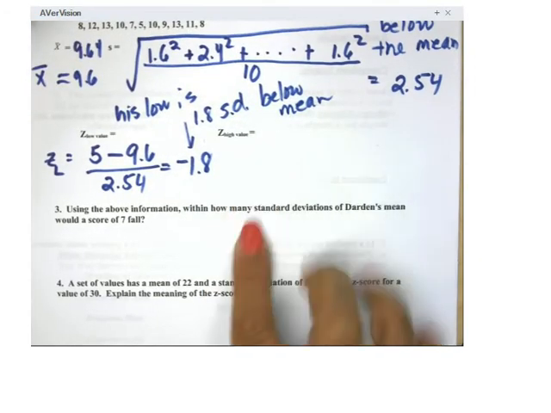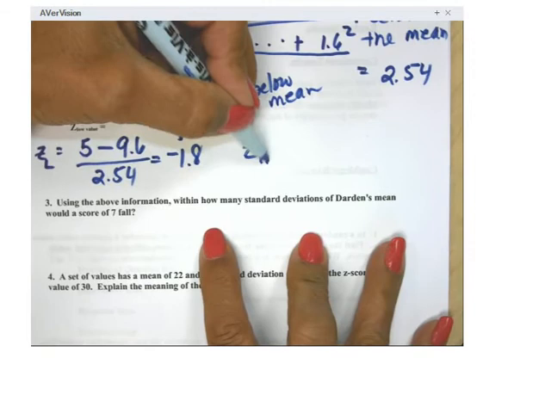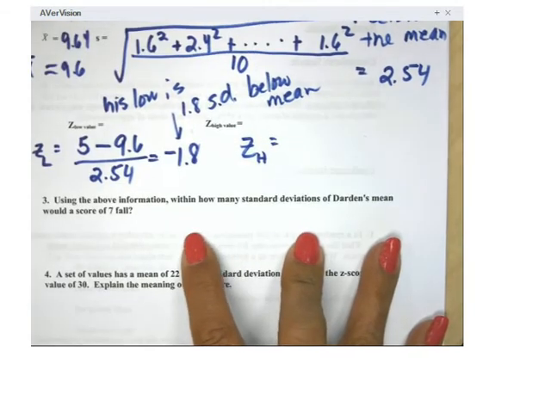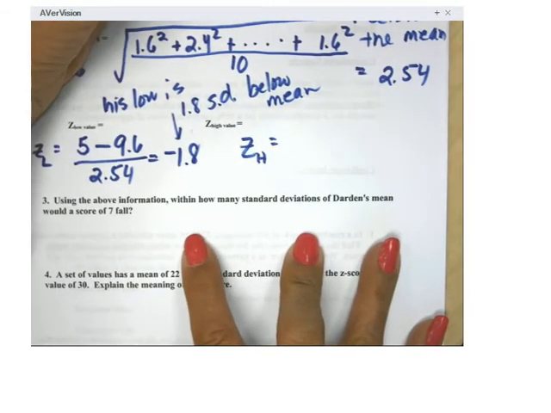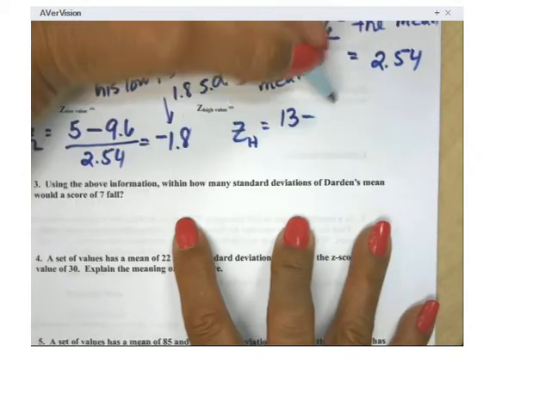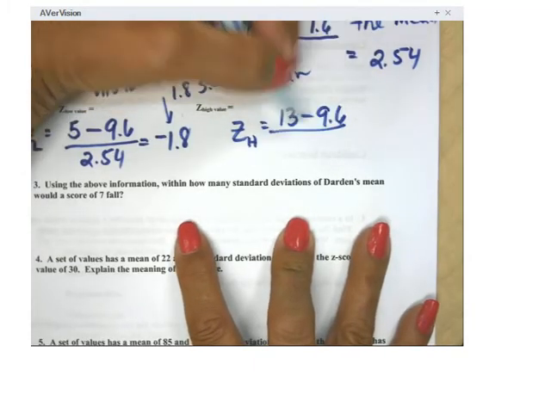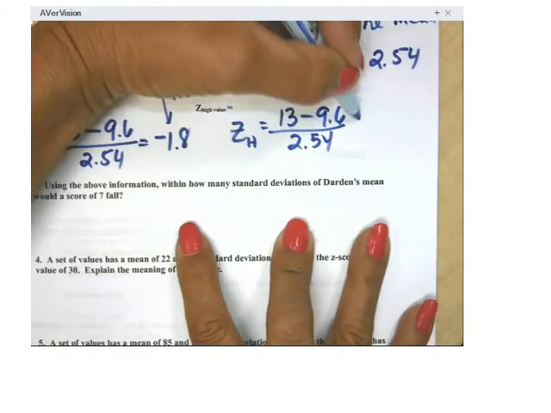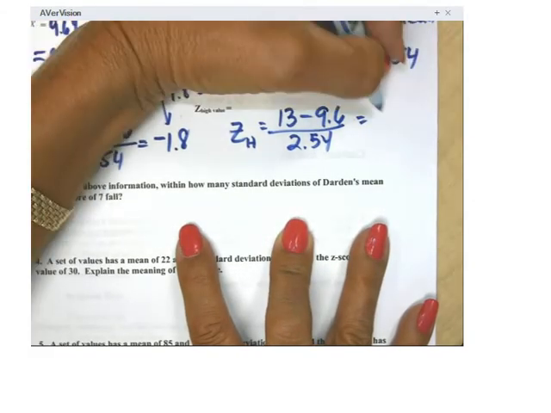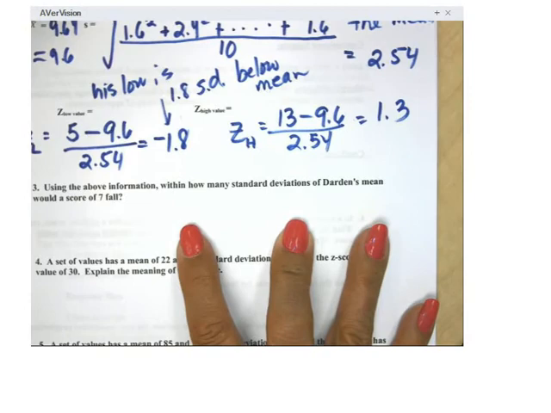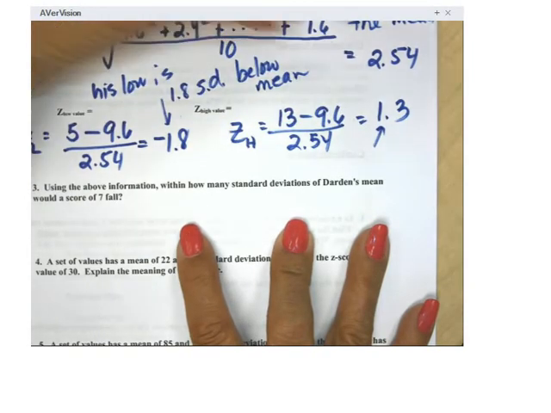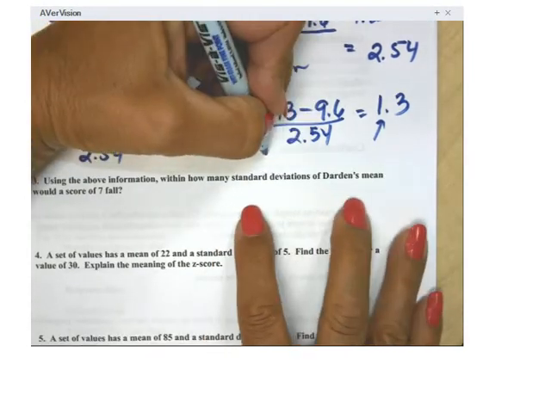And that tells me that his low is 1.8 standard deviations below the mean. His high score, on the other hand, I take his high, and his best game was 13 points.